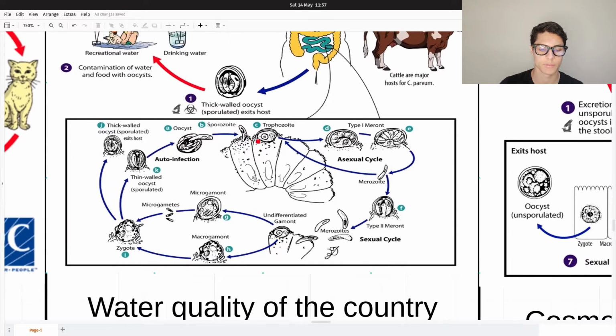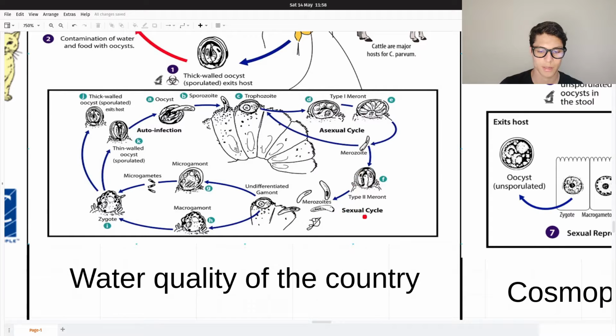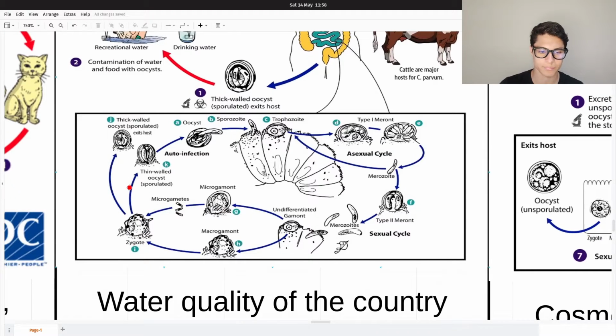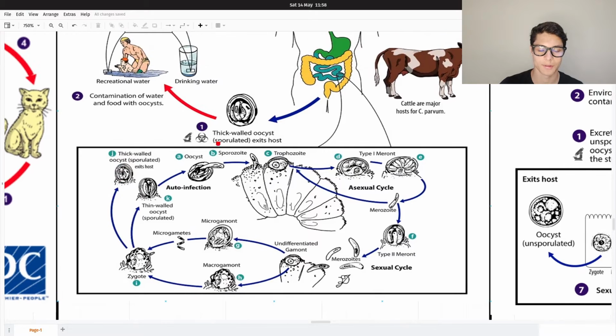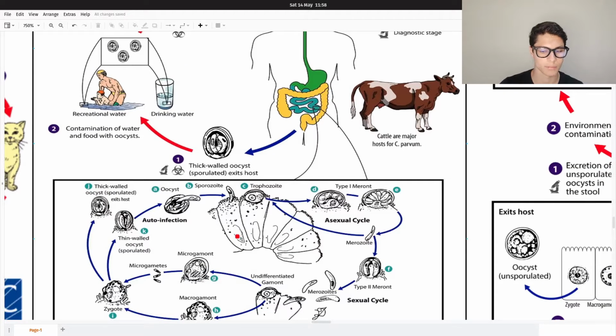The sporozoite will convert into trophozoite, and then we have this asexual cycle where they reproduce themselves and create merozoites, and then the sexual cycle where the merozoite differentiates, and basically we get males and females, and then they create an undifferentiated gamete, and then the gamete differentiates and they create a zygote, and then the zygote can create the oocyst that can exit the host, or they can also create the autoinfection and reinfect the same host without leaving.